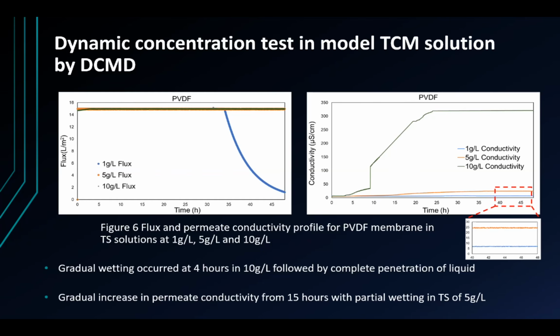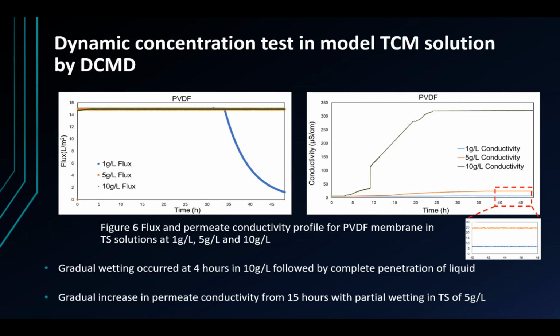We suspected a complete wetting at the end of the experiment. In the test of 5 grams per liter, gradual increase in permeate conductivity was observed from 15 hours onwards. However, the conductivity did not continue to rise up to the level of feed solution.